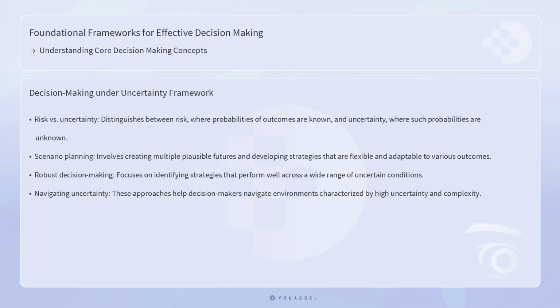Scenario planning involves creating multiple plausible futures and developing strategies that are flexible and adaptable to various outcomes. Robust decision-making, on the other hand, focuses on identifying strategies that perform well across a wide range of uncertain conditions. These approaches help decision-makers navigate environments characterized by high uncertainty and complexity.